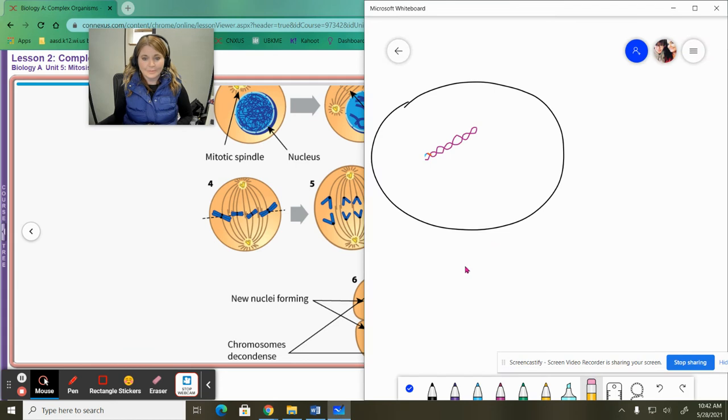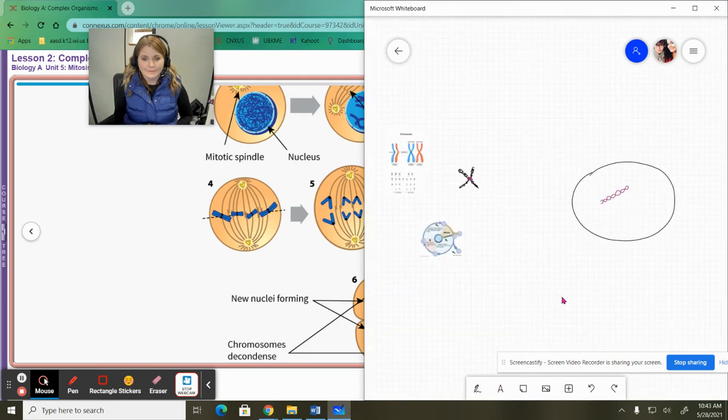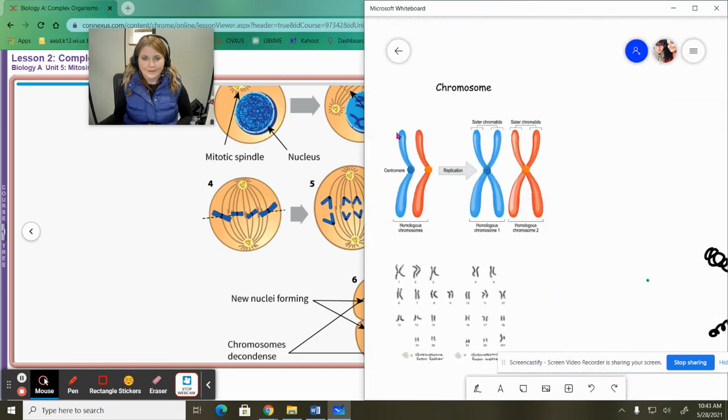So if we go to our picture here, now remember we started with this, you have this. So now what happens then during this separation is one of these guys will end up going to the top of the cell and the other one will go to the bottom of the cell.